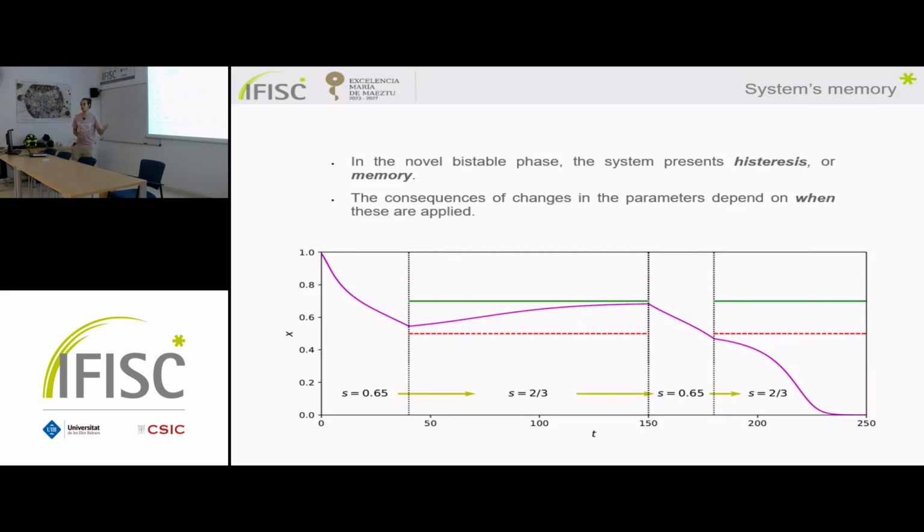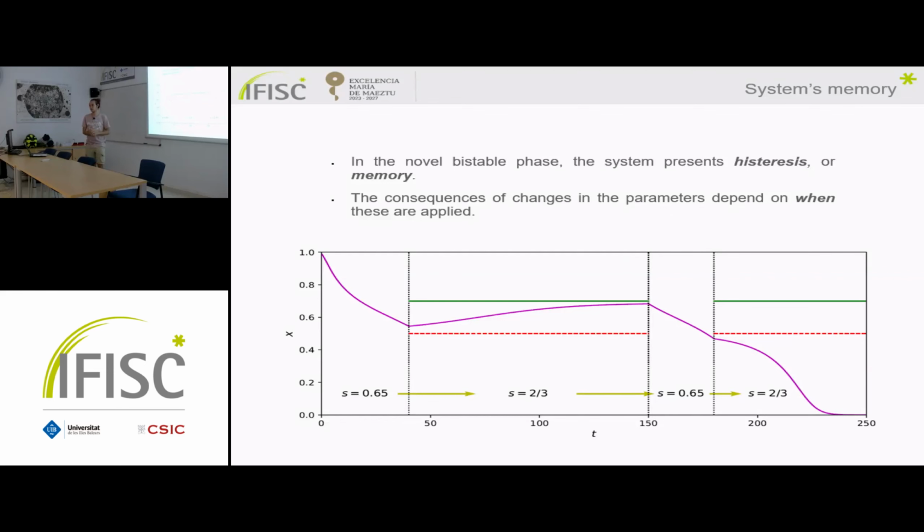This could be very useful when trying to apply linguistic policies if the results of this model were to be considered, since, as I said, changing the parameter at one point or another in the state of the system will lead to very different results.